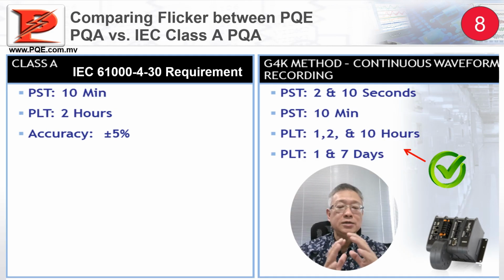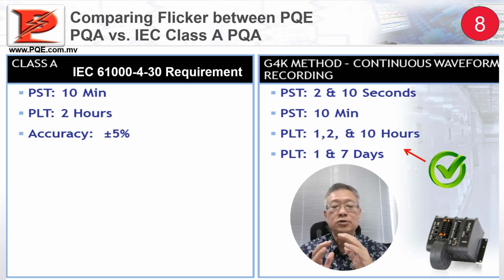Number eight, we look at the voltage flicker requirement stated by IEC 61000-4-30. It says the short-term stability index is based on 10-minute aggregation time. Long-term is 2 hours aggregation time. But look at the PQE power logger technology. It is compliant with IEC but goes beyond it.